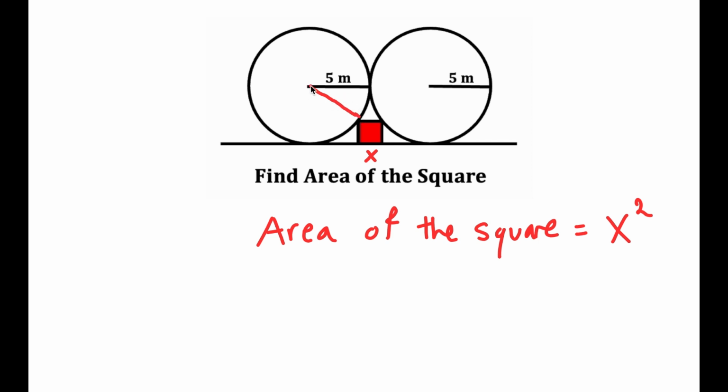And now I'm going to make a line going down straight to the middle of the circle. Because this is right in the middle, I can say this is a right angle, or a 90-degree angle. And because this is from the center to the end of the circle, this is also going to be 5 meters. And same with this. This is the center to the end of the circle, so this is going to be 5 meters as well.